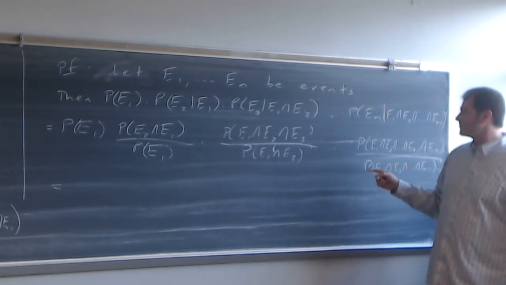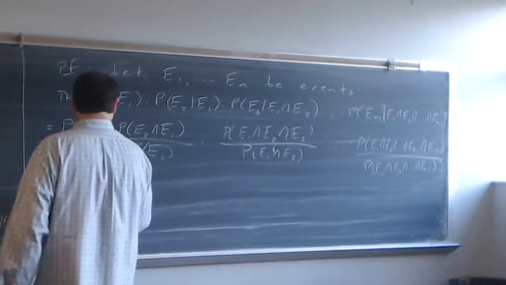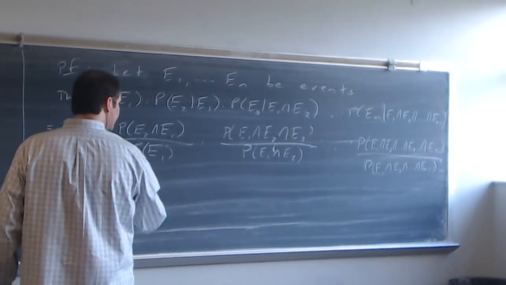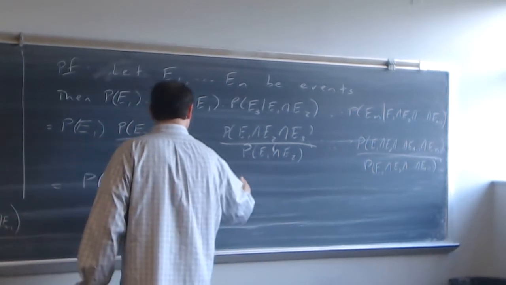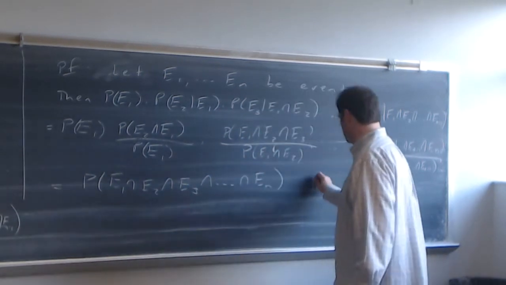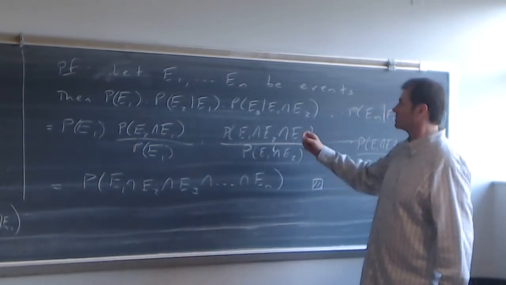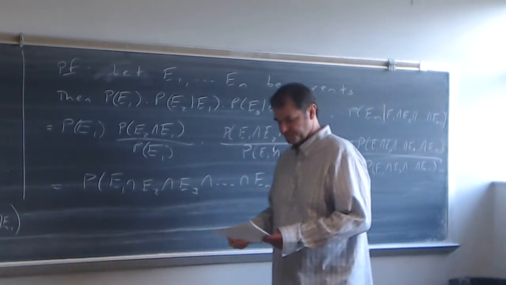And so what's left is just the last fraction's top. That's equal to the probability of E1 intersect E2 intersect E3 all the way up to the intersection of En, and that's what we said was the formula. So we have this quantity equal to that, which is what we were trying to do.